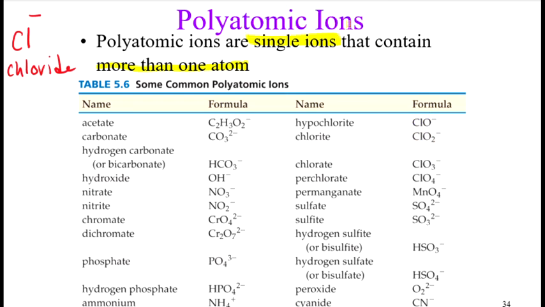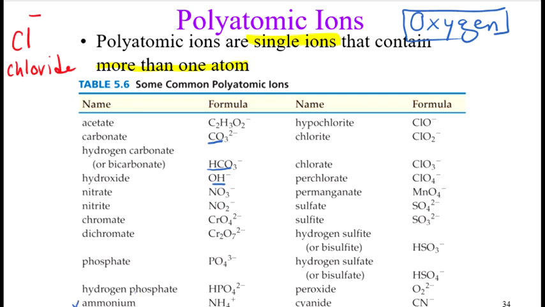Guys, for polyatomic ions, you need to memorize them. Most of the polyatomic ions have oxygen and a non-metal. Look, carbon and oxygen. Oxygen, hydrogen. Hydrogen, carbon, oxygen. As you see here, most of them have oxygen.